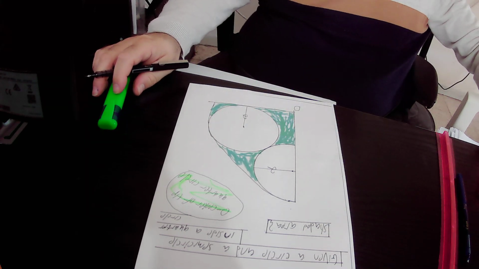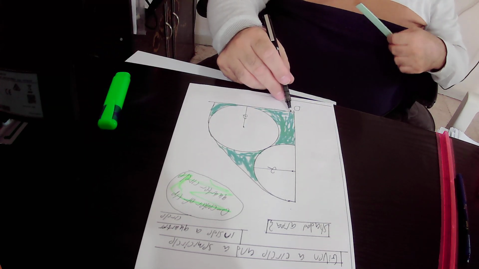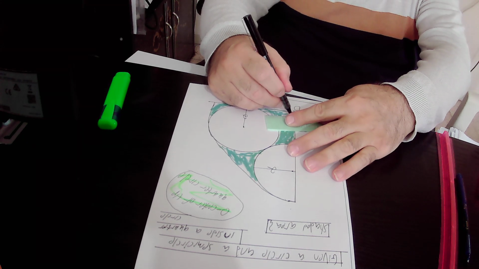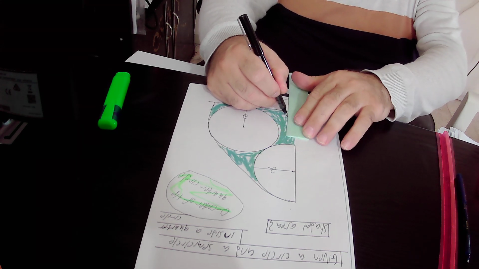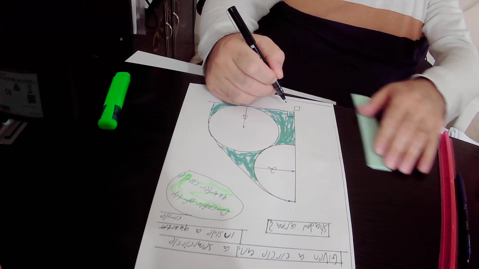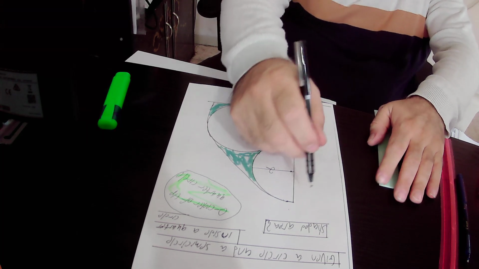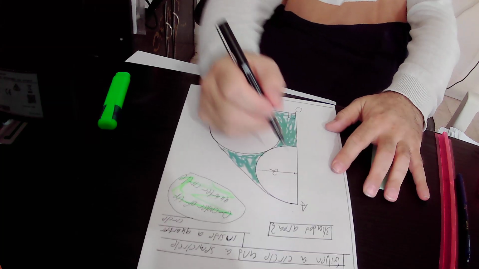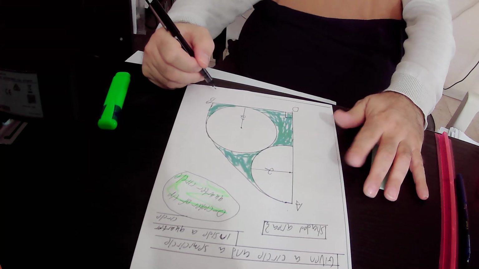And this angle is equal to 90 degrees. It is true in any quarter circle. This angle must be equal to 90 degrees. We'll define this point as point A. We'll define this point as point B.